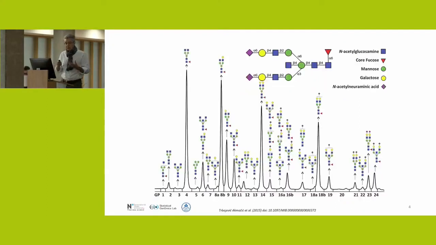Okay, we did that. We do it all the time. Basically, this is a chromatogram which shows the distribution of different IgG glycoforms in a normal, healthy person. So you see about 2 dozen major glycoforms are present in the blood of any of you, basically.